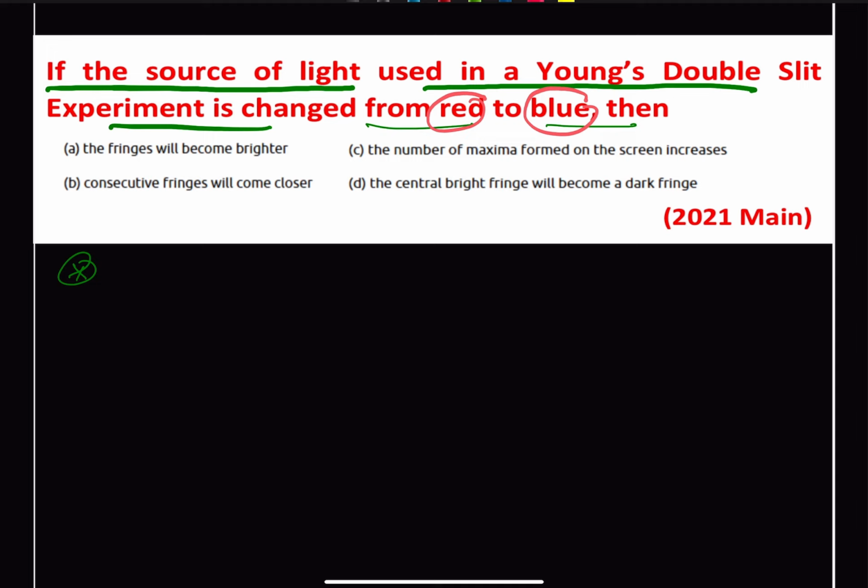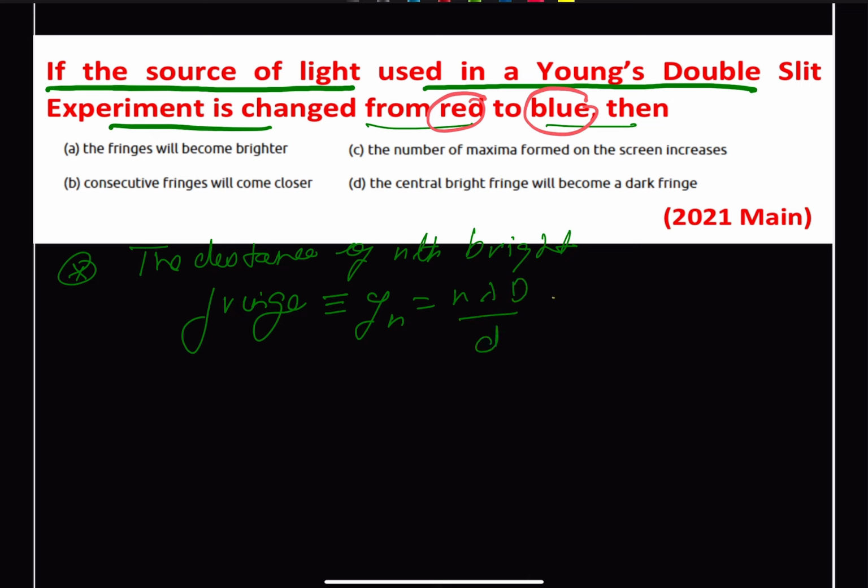So here we are going to use two formulas. First is the distance of the nth bright fringe, that is y of n, which is equal to n lambda D upon small d. So from here we can say that y of n is directly proportional to lambda.